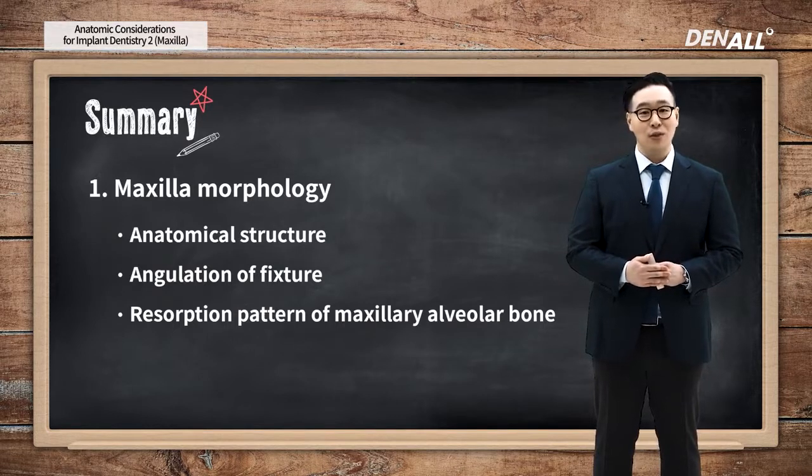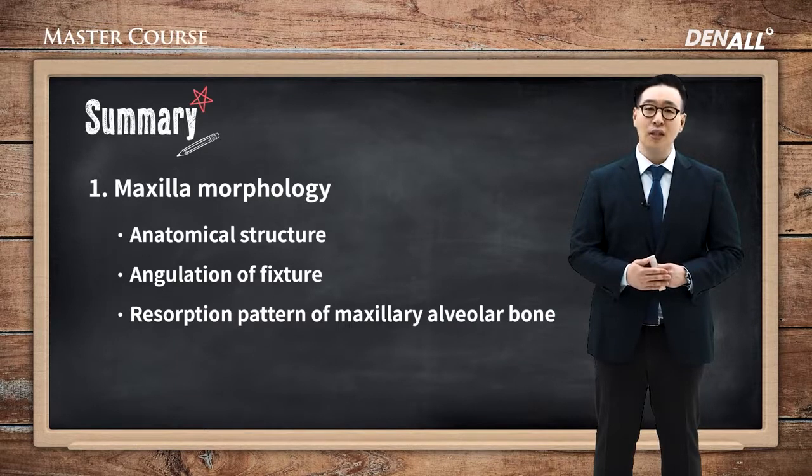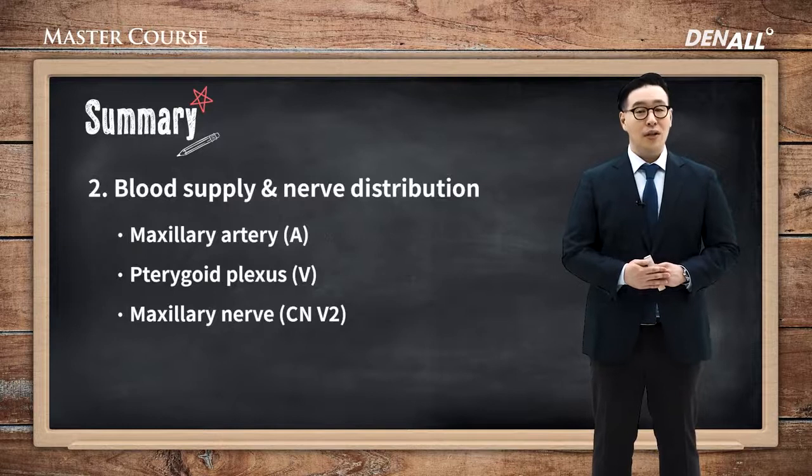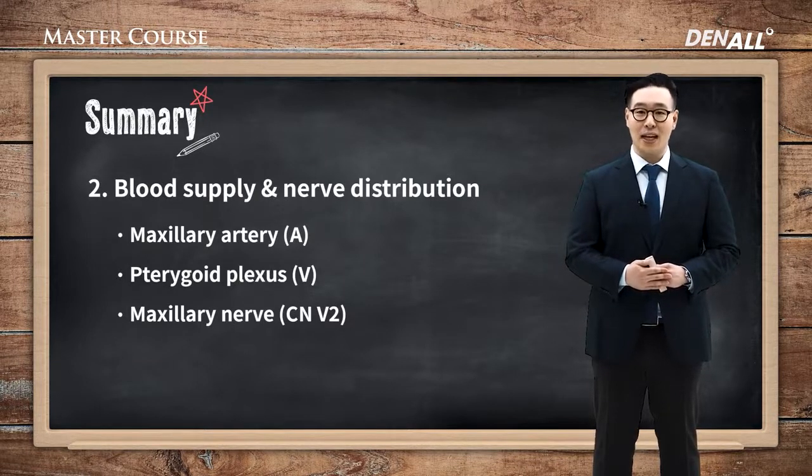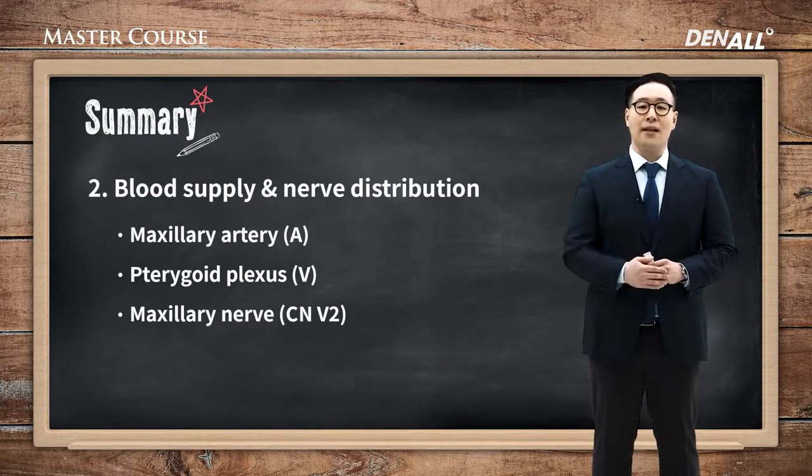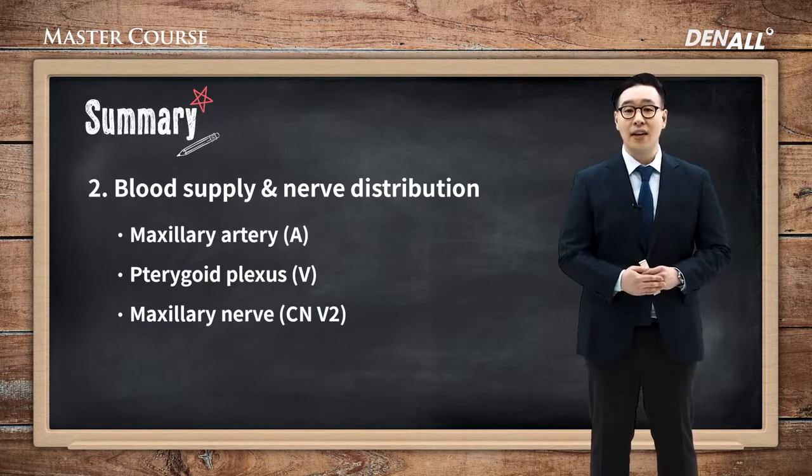Also, knowing the resorption pattern of the bones is important. Next, blood supply and nerve distribution are also important. On the artery side, the maxillary artery blood flow and nerve distribution. And on the vein side, the pterygoid plexus is to be remembered.